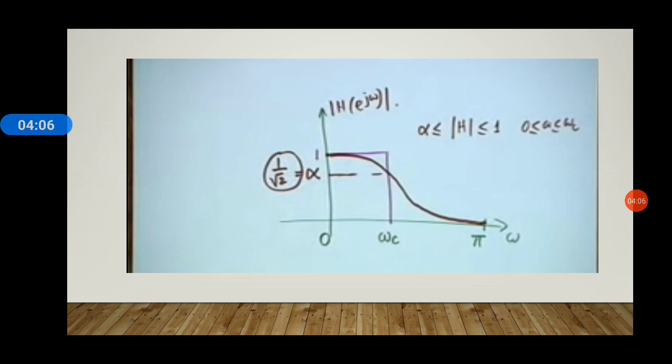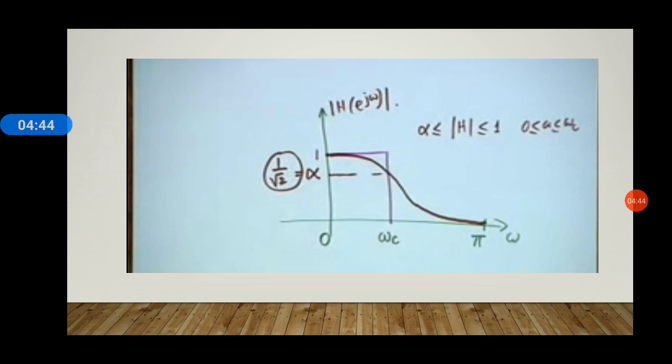Here we again need to define omega c, that is the cutoff frequency. Now the cutoff frequency is the frequency where the magnitude of the low pass filter should not fall below alpha. That is, the magnitude of H should lie between alpha and 1 for the range of frequency 0 to omega c. Now alpha is usually 1 by root 2.